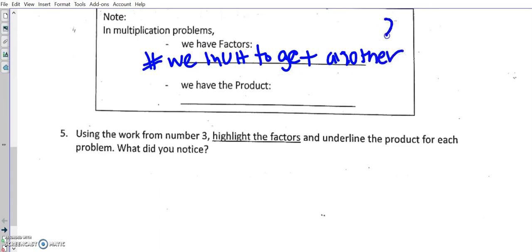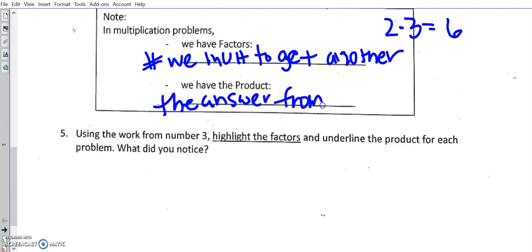So for instance, 2 times 3 is equal to 6. 2 and 3 are the factors and 6 is the product. It is basically the answer we get when we multiply. Okay, so 2 times 3 are my factors and 6 is my product.